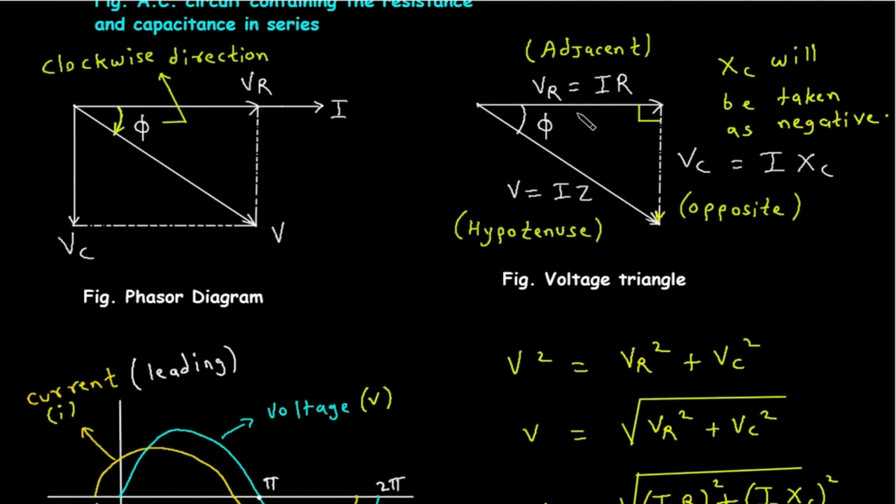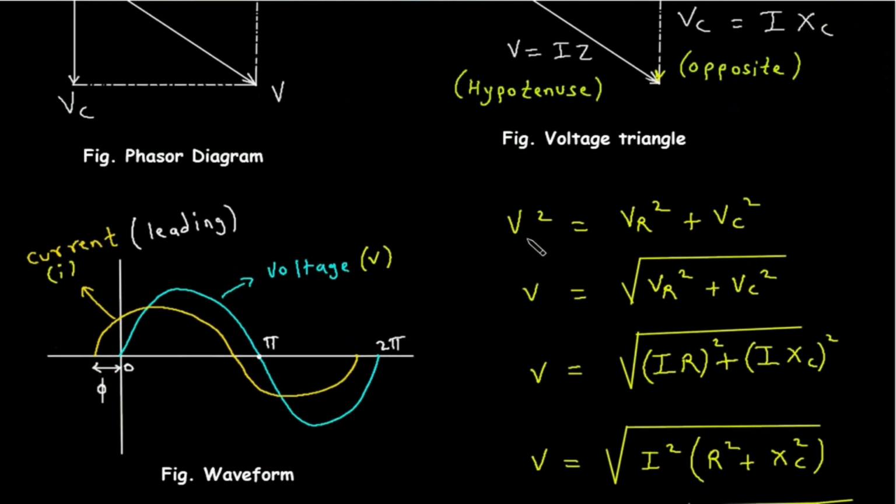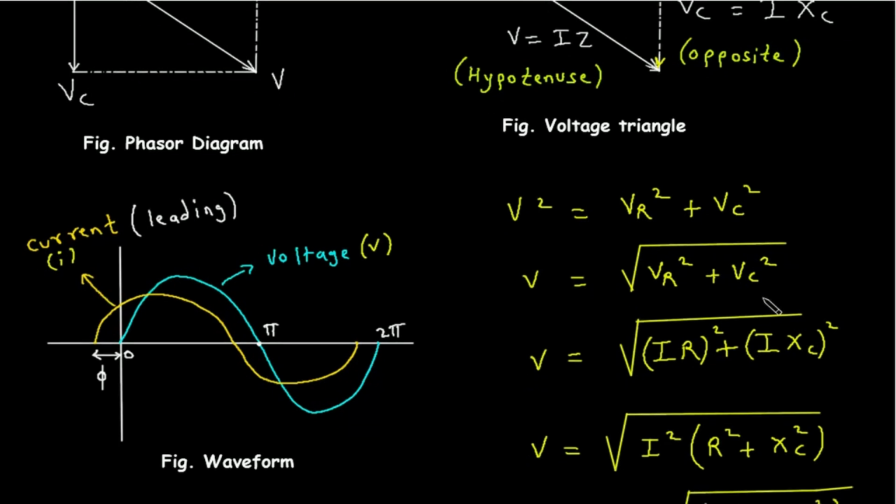Now if we apply Pythagoras theorem to this voltage triangle, then V square is equal to VR square plus VC square. Hypotenuse square is equal to adjacent side square plus opposite side square. From this V is equal to under root of VR square plus VC square.